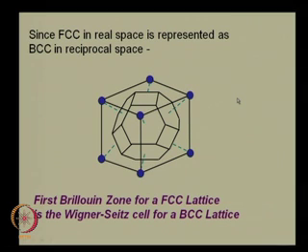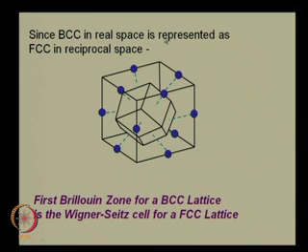Again the inverse is true when you start with a material that is BCC in real space. Something that is BCC in real space is represented as FCC in reciprocal space, and therefore the first Brillouin zone for a BCC lattice, where the lattice we are talking of is in real space, is the Wigner-Seitz cell for an FCC lattice.